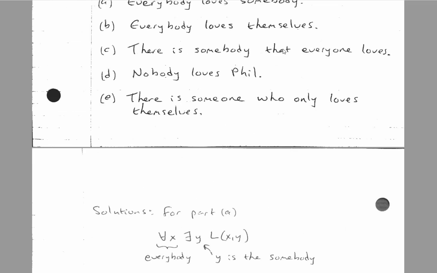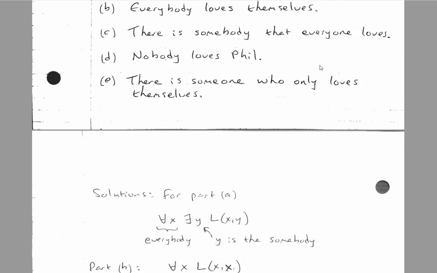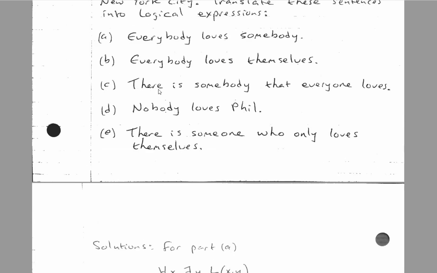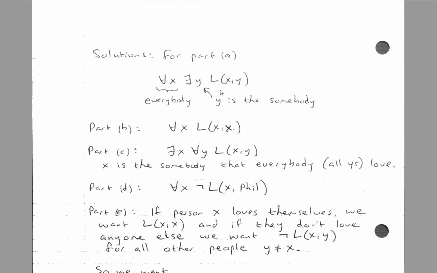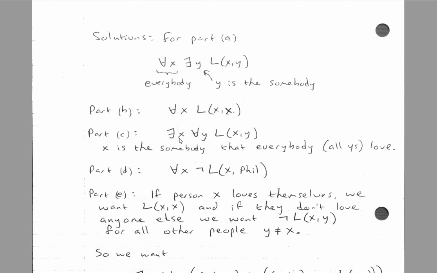Part C, there is somebody that everyone loves. Okay, so there is somebody, so that's going to be there exists. So there exists an x, so that for all y, x loves y.